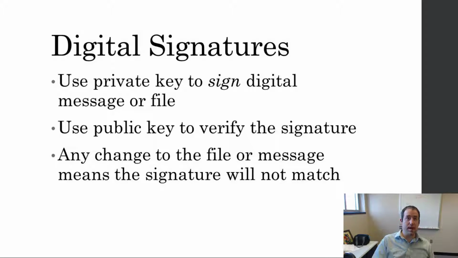And on the receiving end, when I get a message, I can take the digital signature and use the public key that you've broadcasted out to the world, and say, okay, was this message signed by Ryan? Yes or no? And has this message been changed since the message was signed? And that's especially useful for encrypted messages.